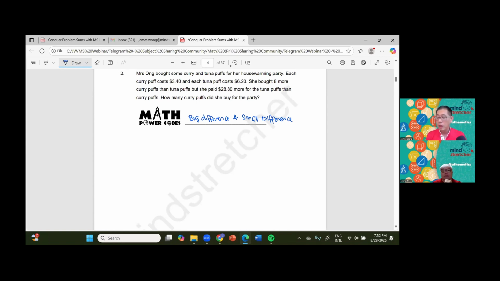Now, there are altogether 8 more curry puffs compared to tuna puffs, based on the information given. So if I were to quickly put that down, let's say this is about the number of puffs, I will have a quick sketch here.